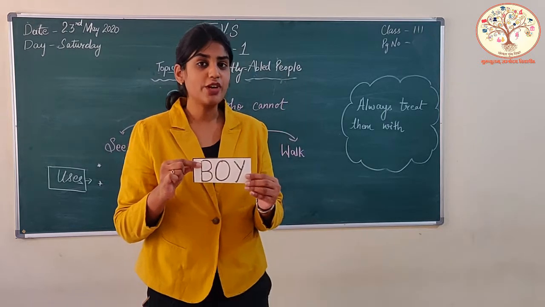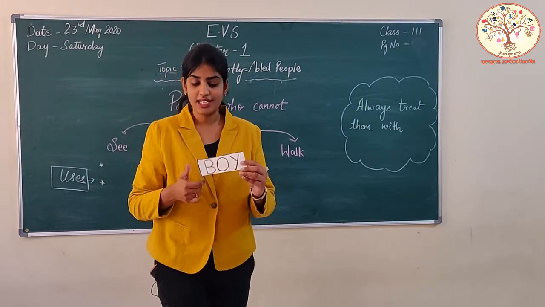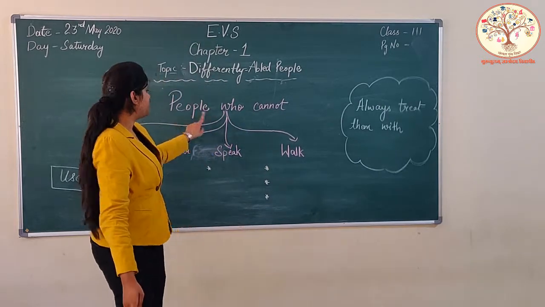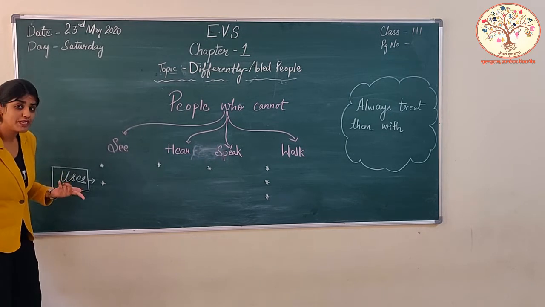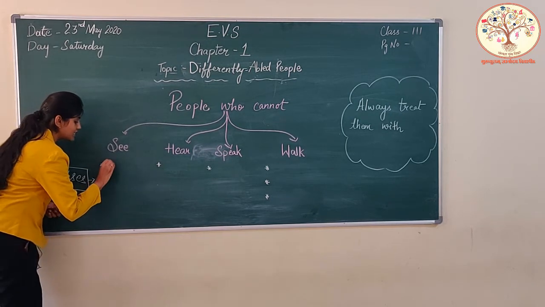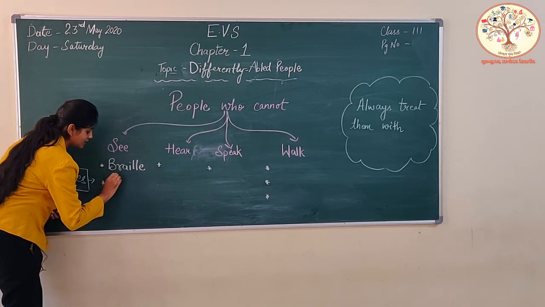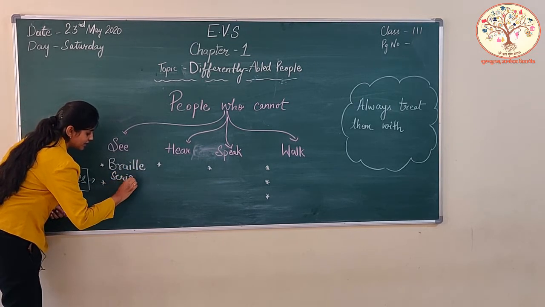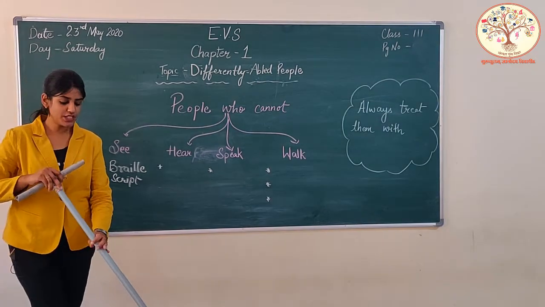The person who cannot see can feel these dots and understand different letters. So people who cannot see use what to overcome their disability? Braille Script. Repeat after me. Braille Script. Got it?